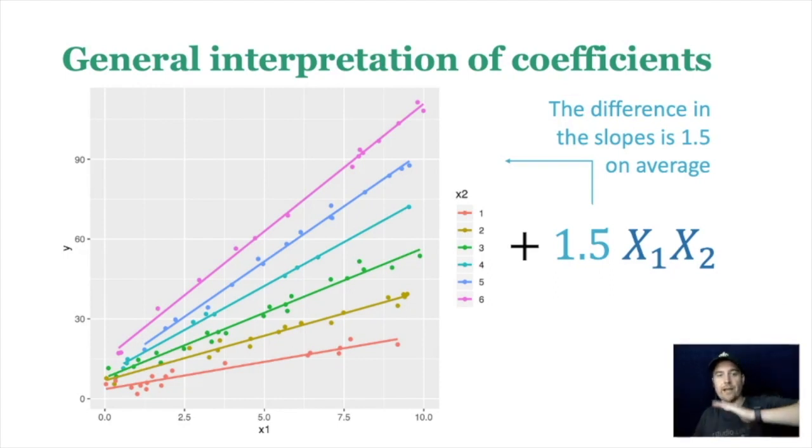So x1 has this slope when x2 is 1, and when x2 is 2, x1 has this slope. The difference between those is 1.5. And then the difference between 2 and 3: when x2 is 2, the slope for x1 is this. When it moves up to 3, it goes to there, and that slope is 1.5 units higher than when it was 2.